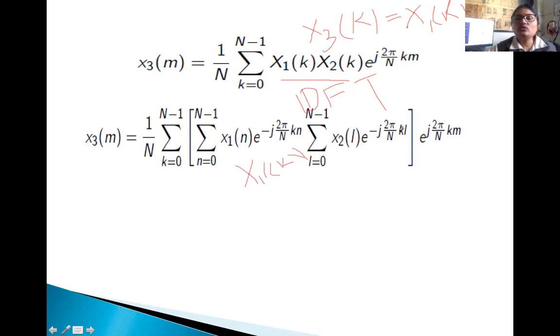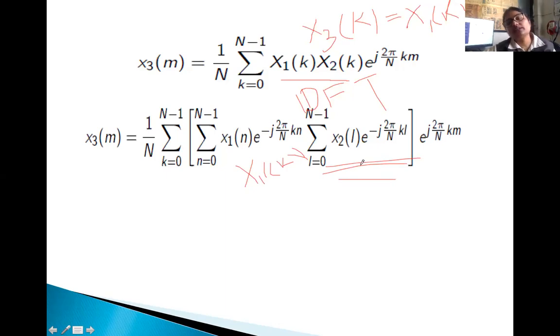The second value is of x2 of k. So x2 of k is what we have written in the earlier equation. What is x3 of m? x3 of m is the multiplication of x1 of n with x2 of n. So this is the second sequence.